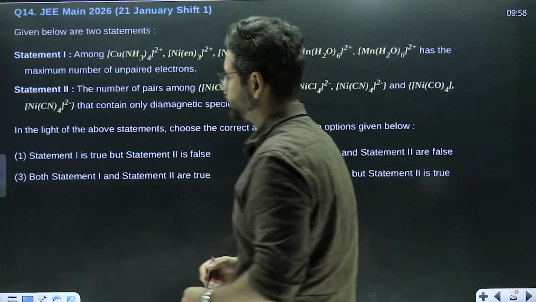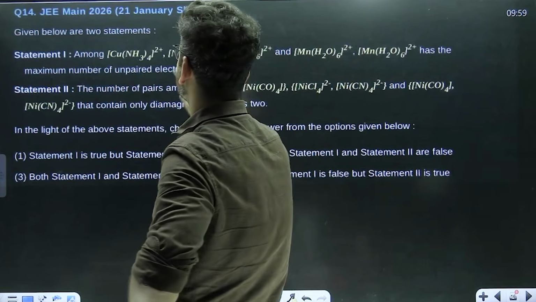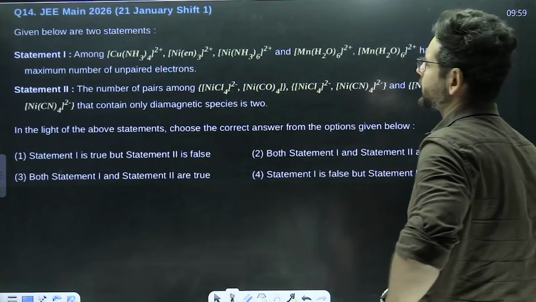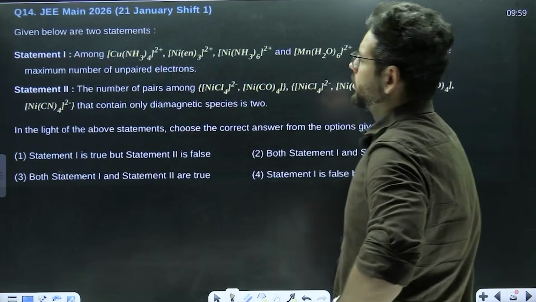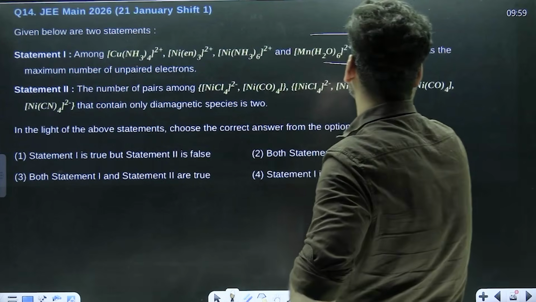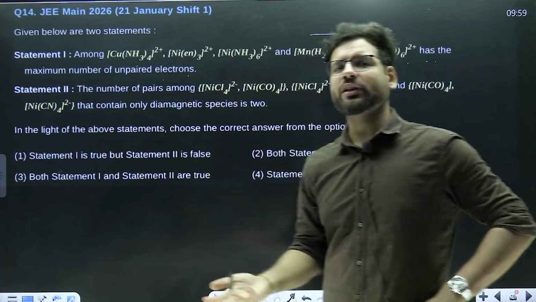Moving ahead, we have copper ammonia 4 plus 2, nickel en 3 plus 2, and so on, 4-5 complexes are given. Out of these complexes, Mn water 6 plus 2 has the maximum number of unpaired electrons, which has to be true.